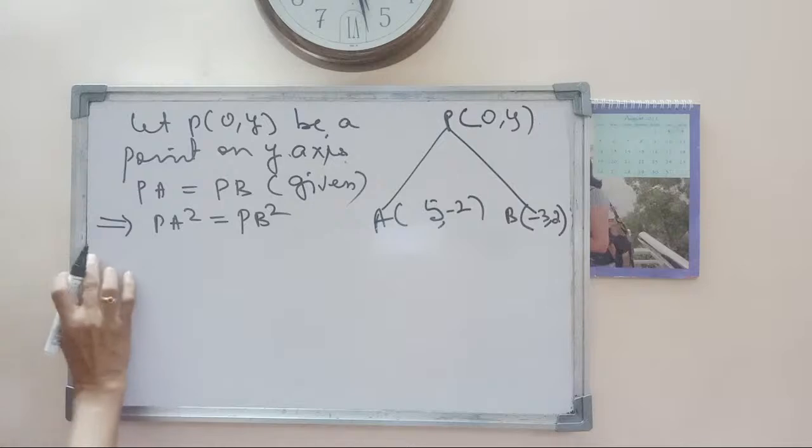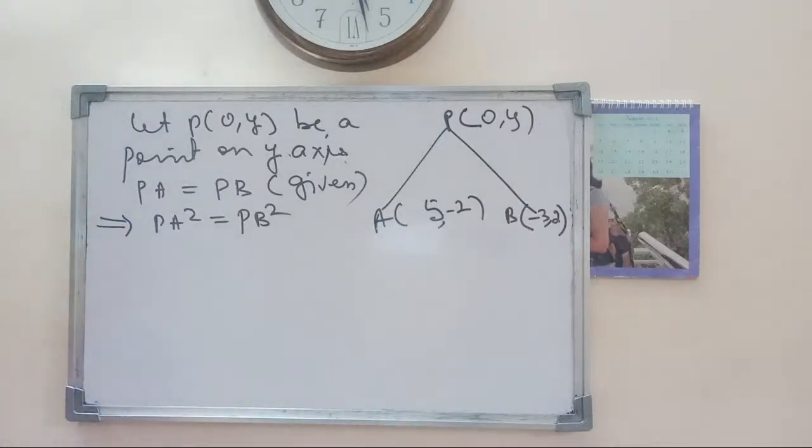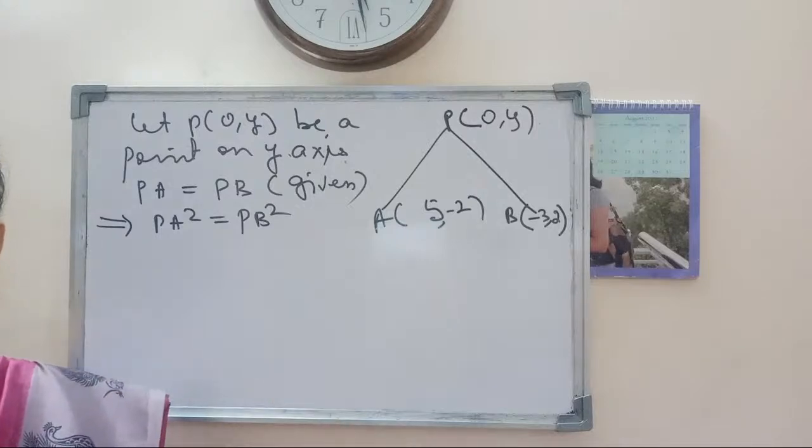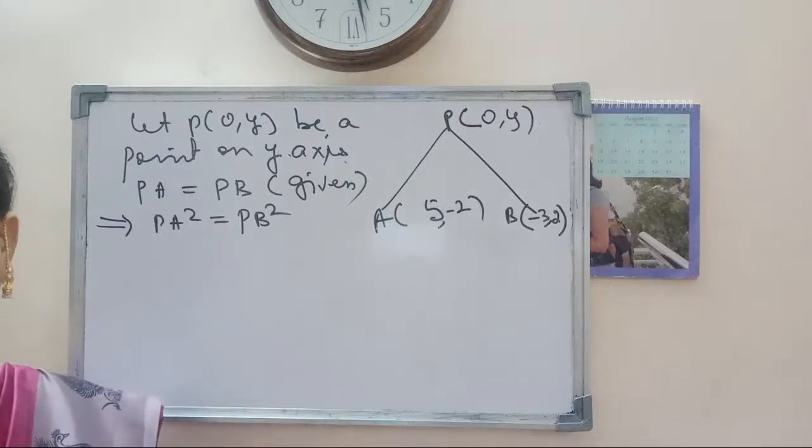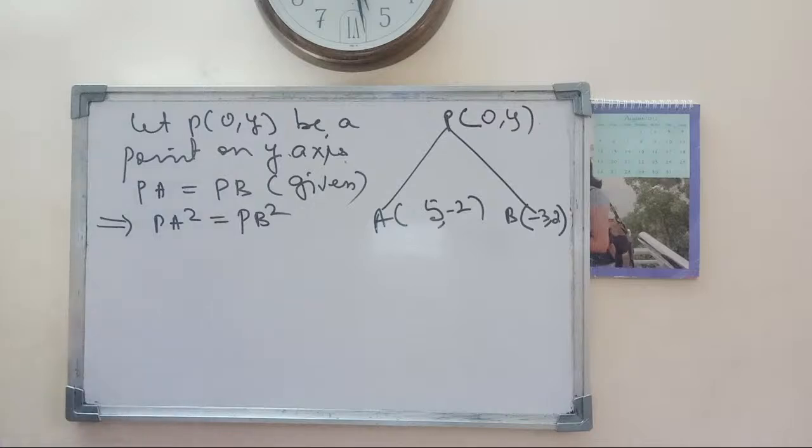What will you get? I won't write the formula, you should write the formula. Yes, write the formula, I will wait. Then I will substitute. In the LHS, (x2 minus x1) whole square plus (y2 minus y1) whole square. RHS, the same. Taken? So now let us substitute.